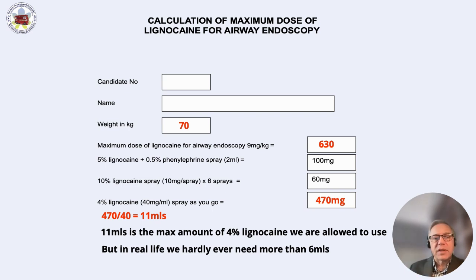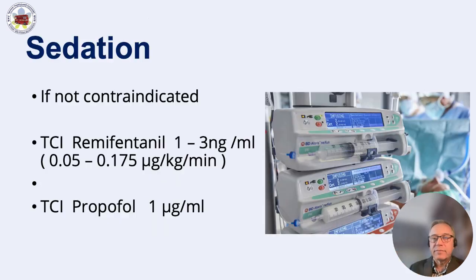If you're using 10% lidocaine, 6 sprays, then it's 60 milligrams. If you subtract this from 630, you'll be allowed 470 milligrams of 4% lidocaine, which is 11 mls. 11 mls is the maximum amount that you can give, but in real life we hardly need more than 6 mls. 2 sprays per point, and I use 3 points of spray: on the epiglottis, on the vocal cords, and then on the carina.